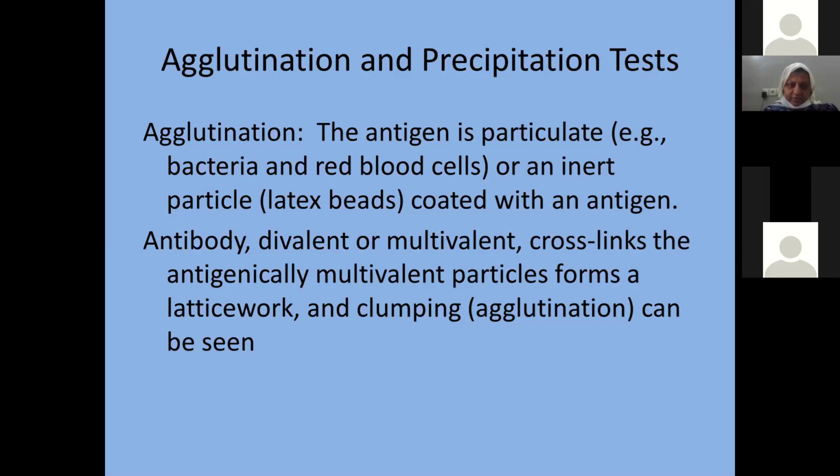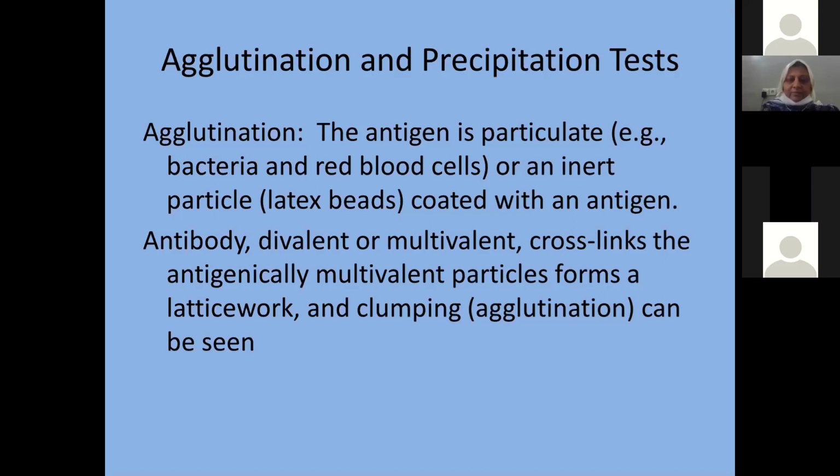antigen-coated RBCs or latex particles, these antibodies, usually IgM in the serum, which is a big molecule, combine with the antigen and form a lattice or network type of clumping reaction that can be seen under the microscope.